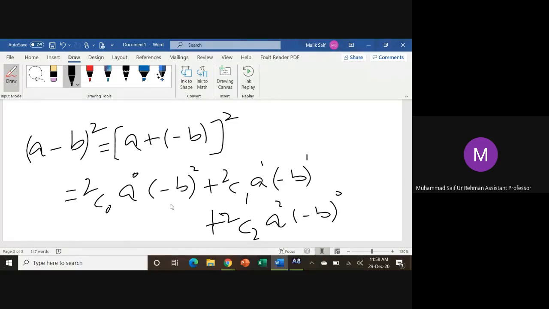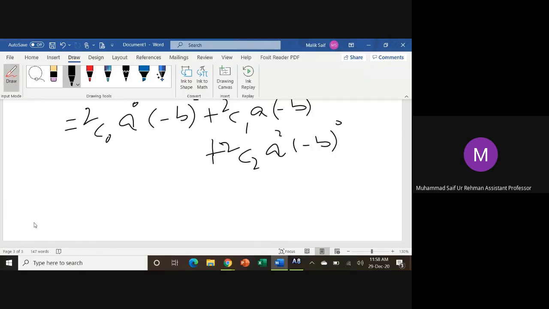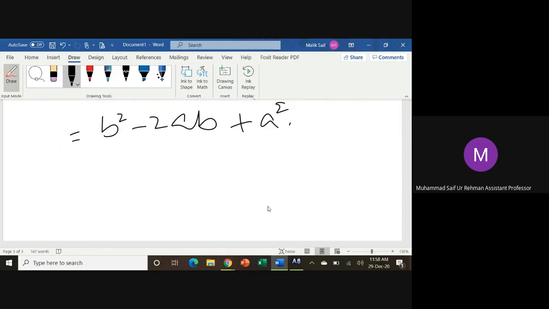So now when you further solve it, 2c0 means 1, a power 0 means 1, minus b square means b square, positive sign, minus 2ab, and then plus a square. So in this way you can have the answer.